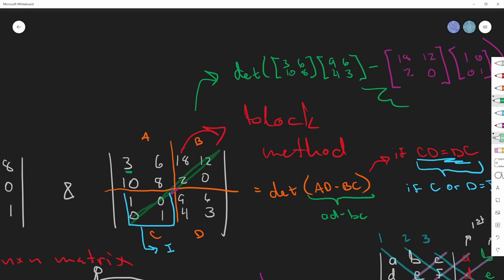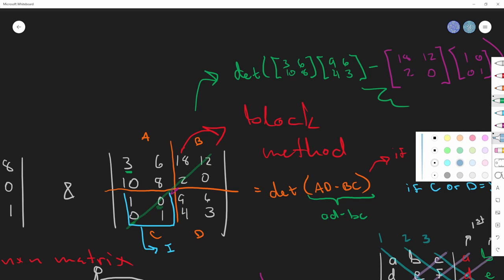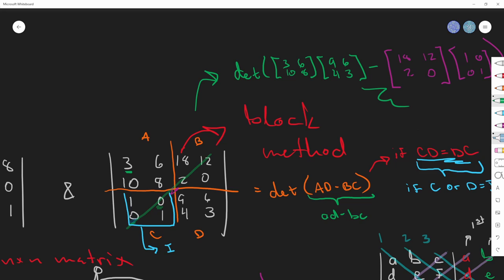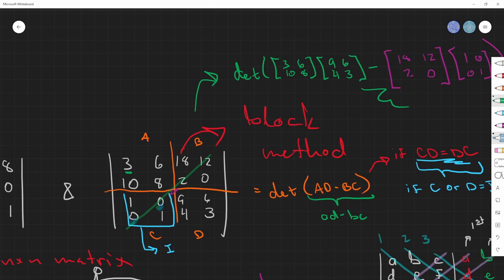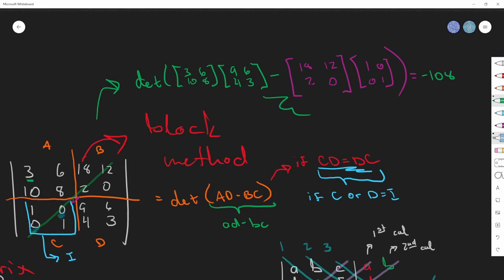And the reason is because you have 2 zeros across this diagonal. So all you really have to do is just take the determinant of 2 3x3 matrices. And what's good about that is that the 3x3 matrix will still contain those two zeros, so it'll make your life so much easier with the work, and you should still get the answer that I got, which would be negative 108.